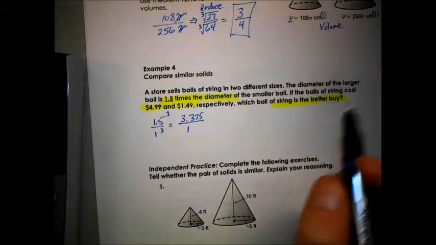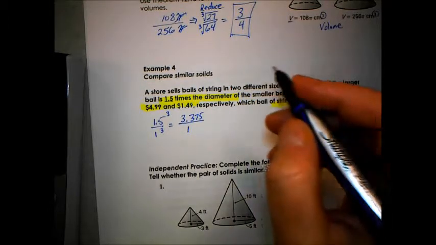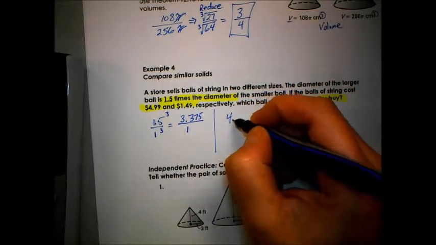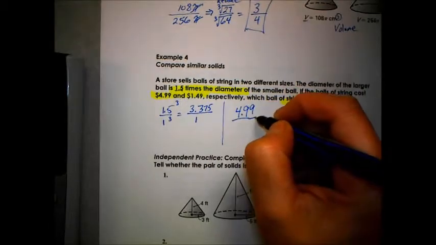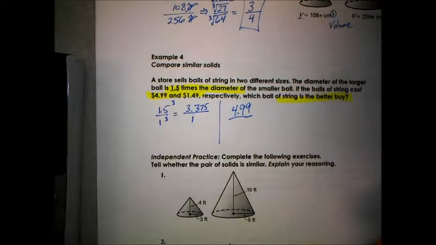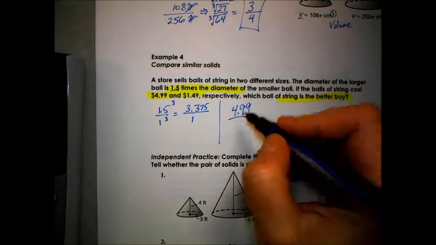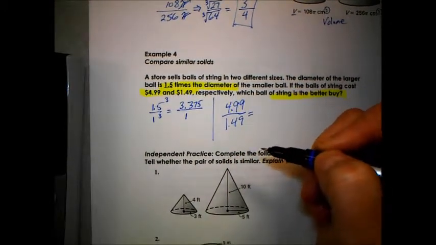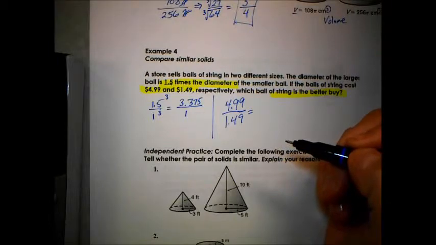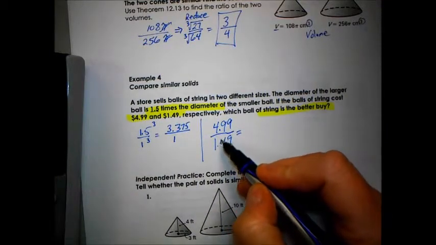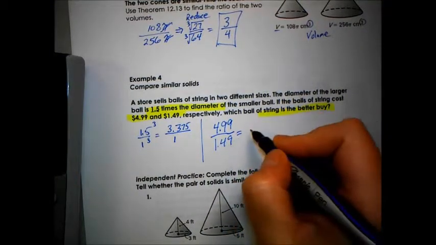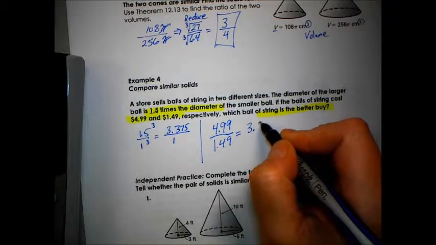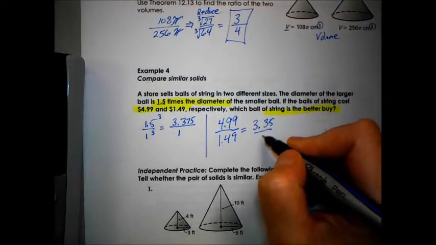So if I take my values and say, okay, so I have the $4.99 and the $1.49, I'm going to set it equal. Okay, $4.99 divided by $1.49 is 3.35 to 1.